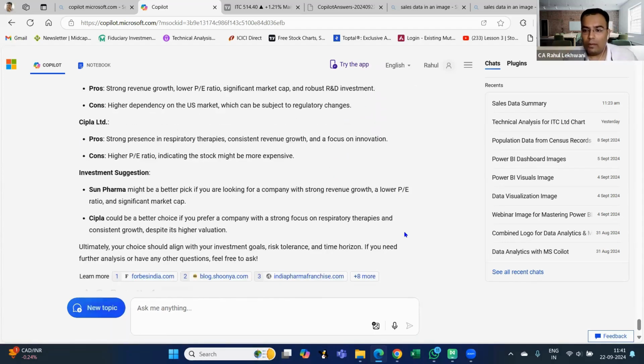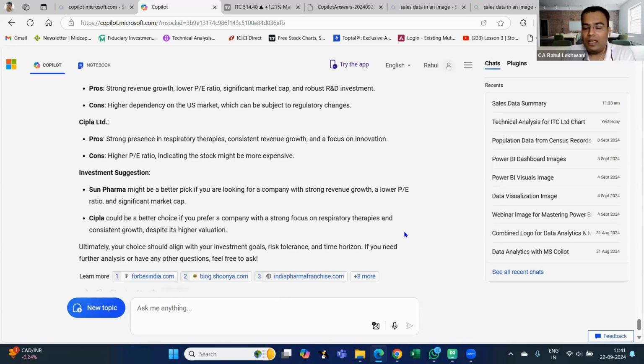Okay. So again, suggestion. See, this data is very, very crisp. Most of us should admit that we buy stocks without doing any kind of analysis. We are dependent on either news, or on friends who suggest some stock or who might have made some fortune in the stock market.